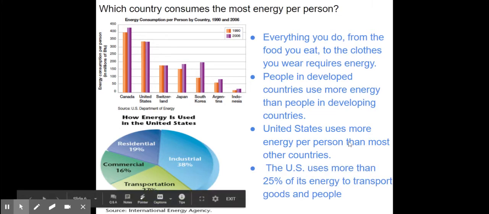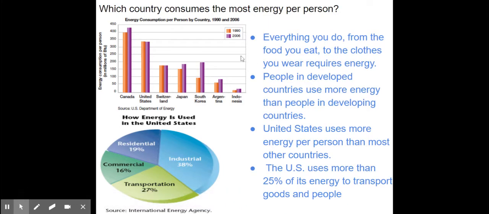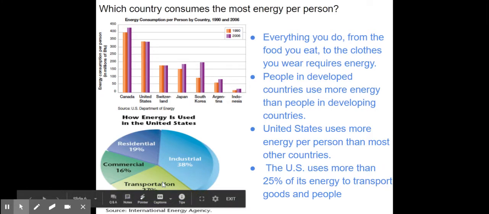The US uses more than 25% of its energy to transport goods and people. So even though the United States uses a lot of energy, Canada actually uses more energy than we do. So we have industrial use, transportation, commercial, and residential.